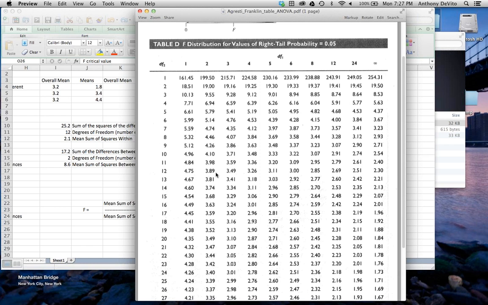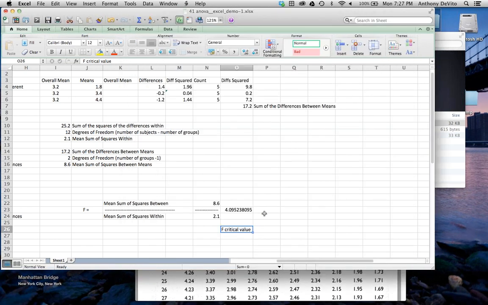So our critical value for this analysis, based on 3 groups, 2 degrees of freedom, and 15 values total in 3 groups, 12 degrees of freedom, is 3.89. So our critical value is equal to 3.89. Okay, our calculated F-score exceeds our critical value.